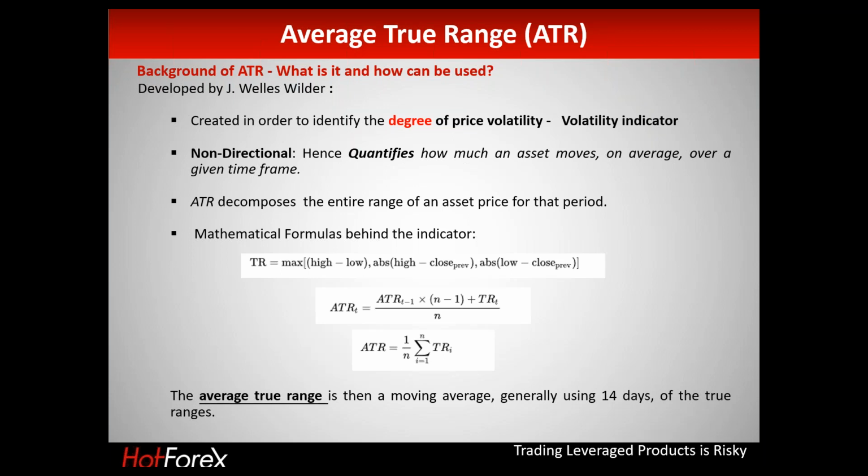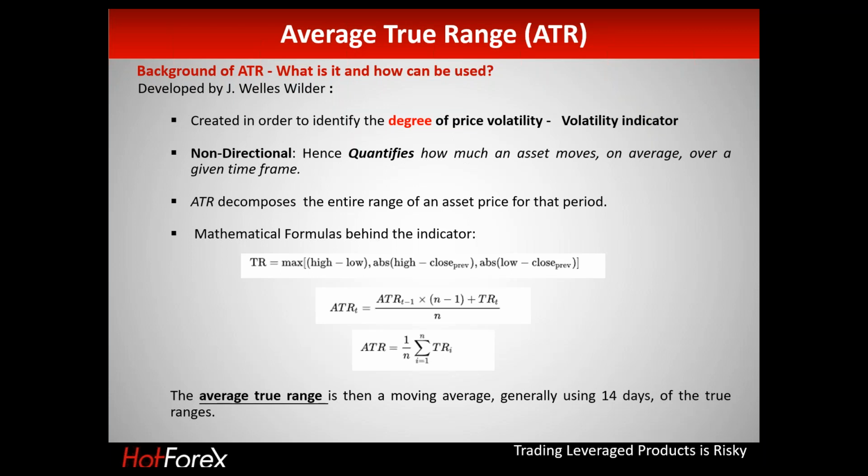First of all, I would like to say that this indicator is not an indicator of price trend. The indicator does not provide an indication for the trend of the asset. It simply gives us the degree of price volatility.